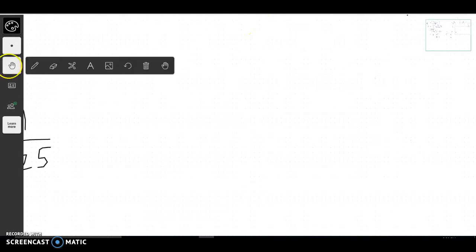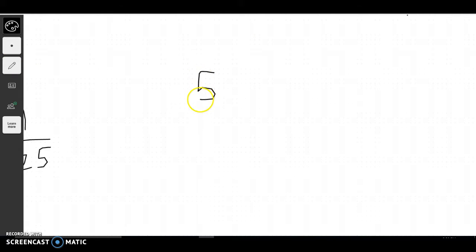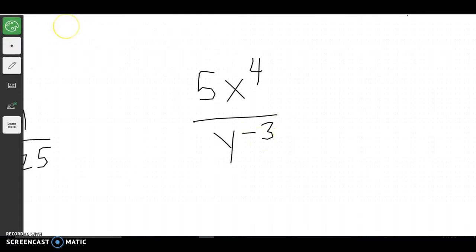Last problem I need to do. Say we're given this. Now this one's a little bit tricky, because if we read this through, 5 is going to stay on the top because it's multiplication. X is going to stay on the top because it's multiplication and there's nothing to do. I have this negative y to the third on the bottom.